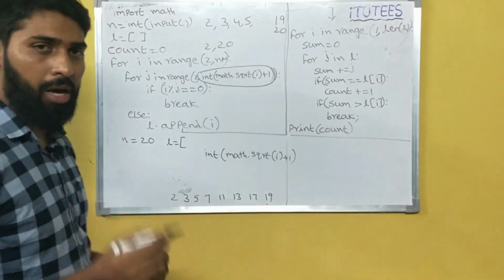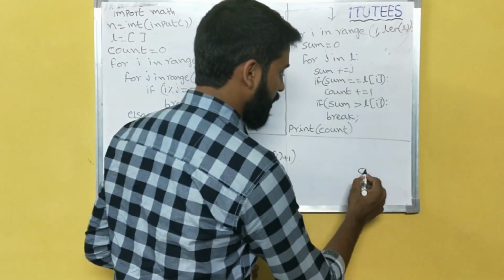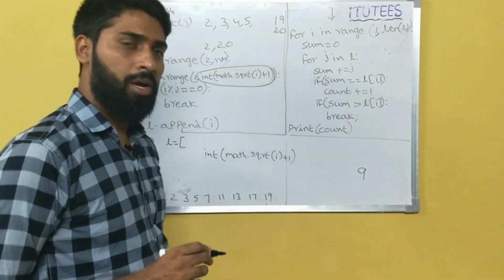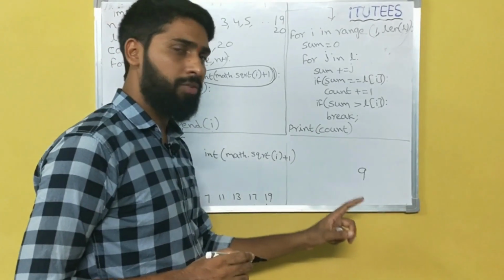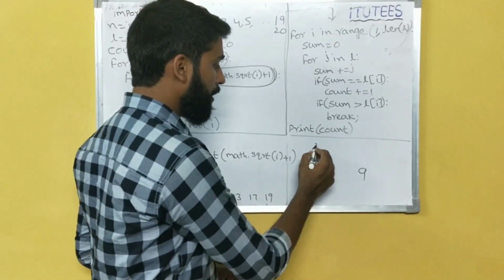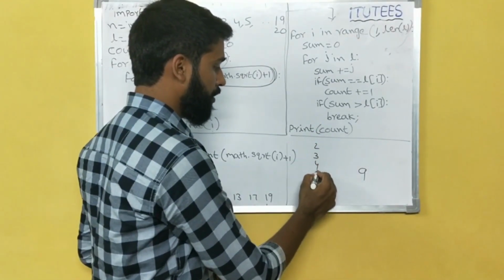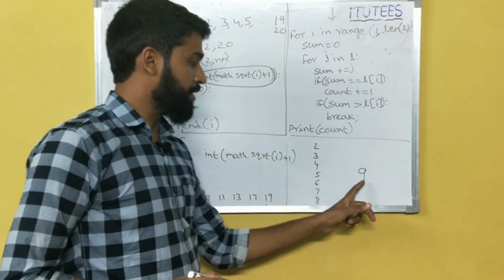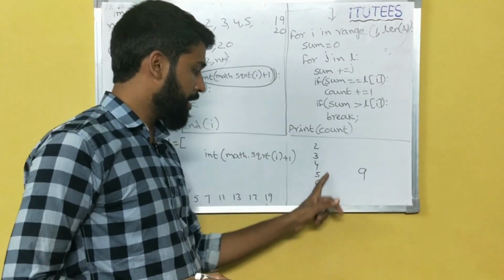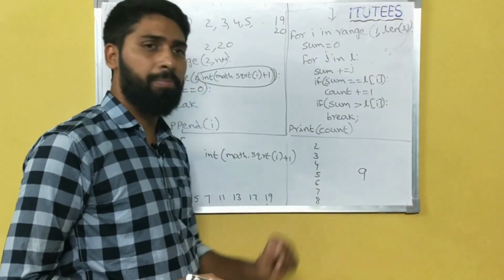For example, I want to know whether 9 is a prime number or not. How can I know? It is not divisible by the remaining numbers 2, 3, 4, 5, 6, 7, 8. If 9 is not divisible by these numbers, then I say that 9 is a prime number.